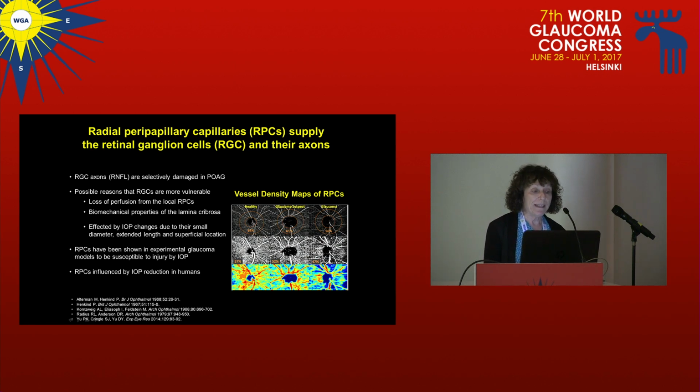There are also biomechanical properties of the lamina cribrosa, which probably affect these capillaries and retinal ganglion cells. And they're also affected by IOP changes, likely due to their small diameter, extended length, and superficial location. The radial capillaries have been shown in experimental glaucoma models to be susceptible to injury by IOP.